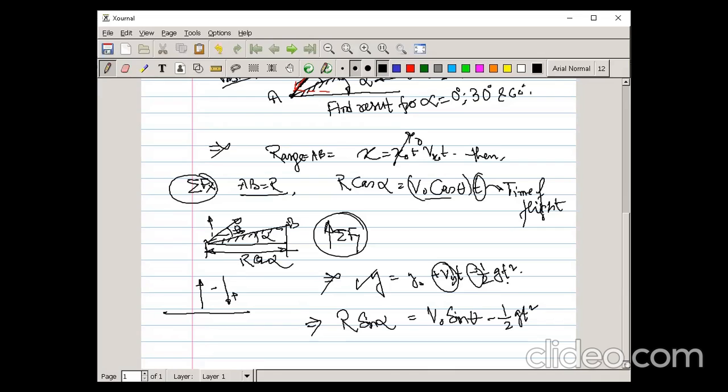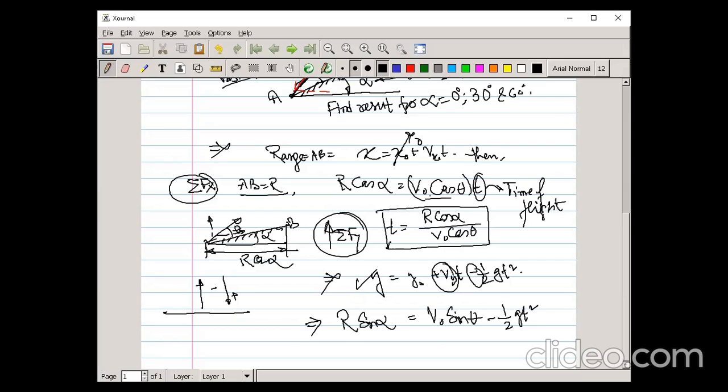So these two equations, and in the x equation, R cos alpha is equal to V0 cos theta into time, right? From this we can write time of flight is equal to R cos alpha divided by V0 cos theta.